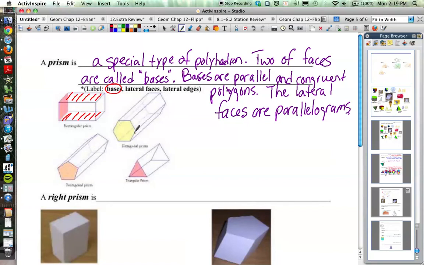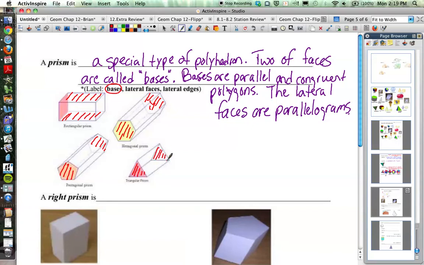This one right here is a hexagonal prism, but notice that it's not sitting on its base. The base is actually facing us because the bases are the polygons that are parallel to each other. So the other base is back here. And then the base of our pentagonal prism, we've got the two pentagons that are back here, and those are the bases of the pentagonal prism. And here's a triangular prism, so there are the bases.